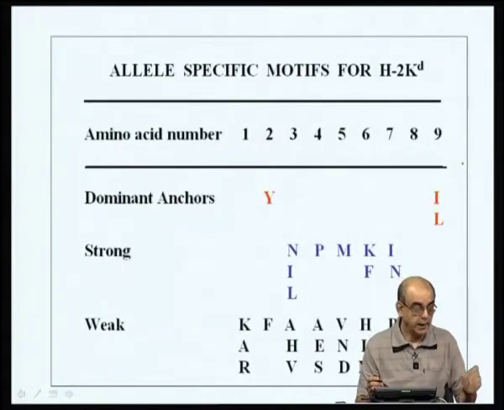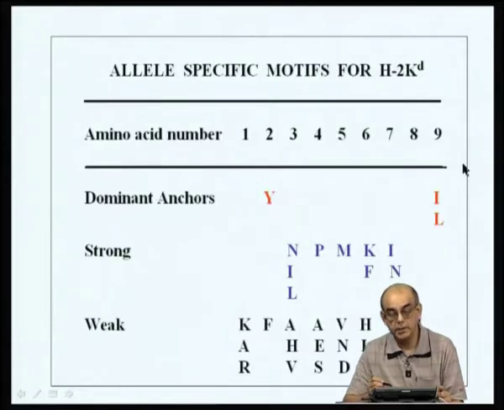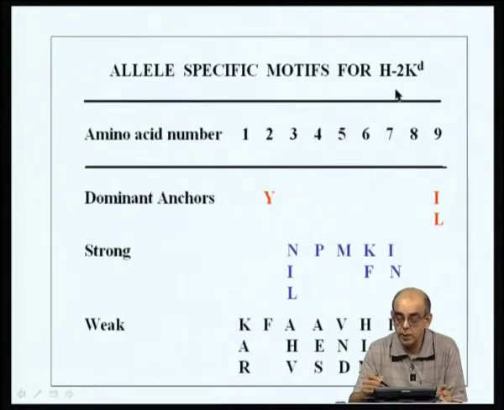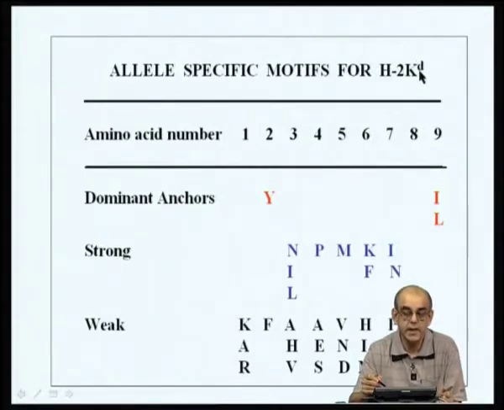So, looking at the properties associated with the acid eluted peptides from the class 1 molecule, this is just an example for one class 1 molecule called H2K of D. Now, K is also a class 1 antigen and the D is the haplotype. This just designates the primary amino acid sequence of this H2K of D molecule.